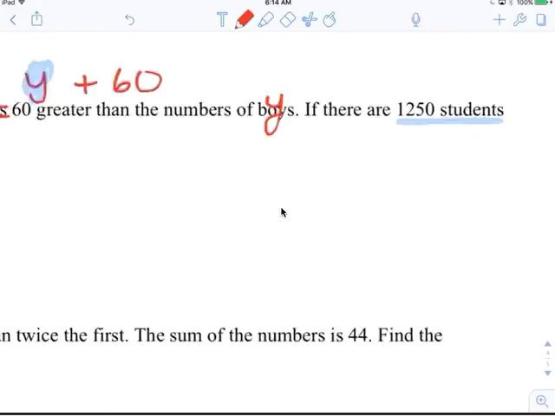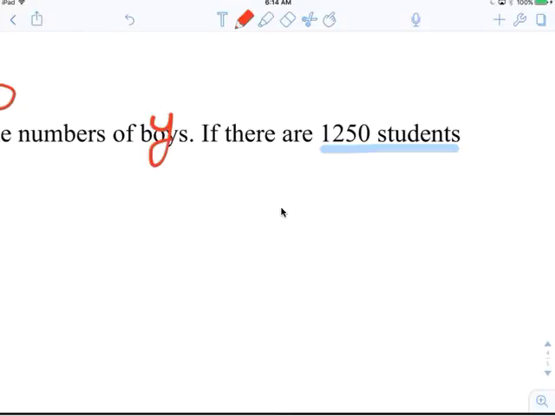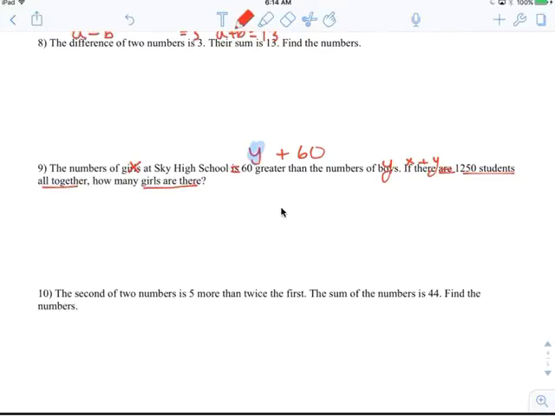So if there are this many students all together, that equals the total. Because that's the total students, the number of girls plus the number of boys has to equal that all together.